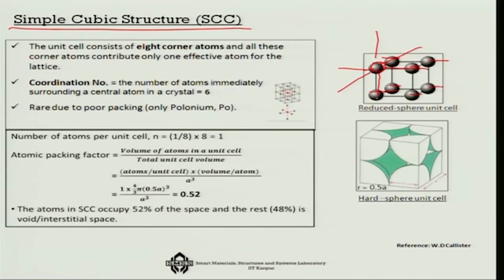So there are 6 directions. Its coordination number, that means the number of atoms immediately surrounding a central atom, is actually 6.